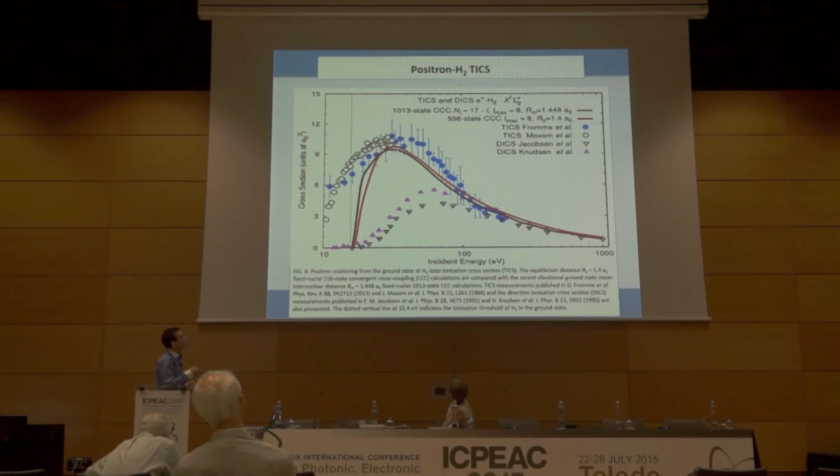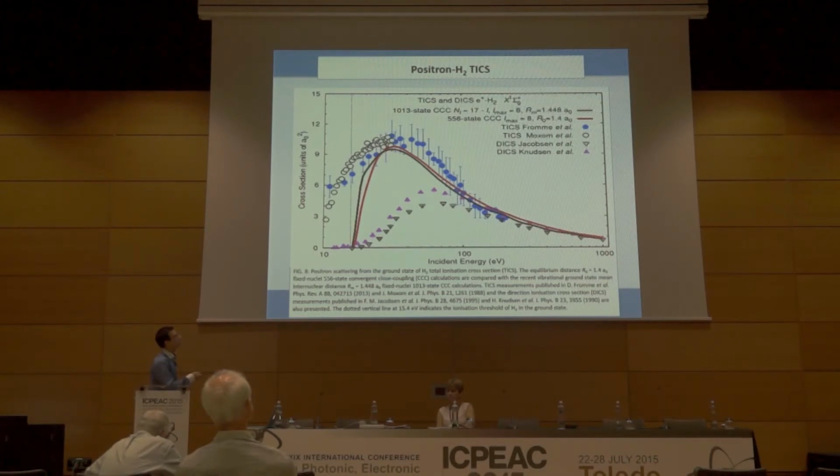And there's also a difference across the entire energy range. This is from the 556 state calculation only having 10 negative energy states, while the large one here has 57 negative energy states. So the larger calculation is able to capture all the flux which is distributed to the discrete spectrum.